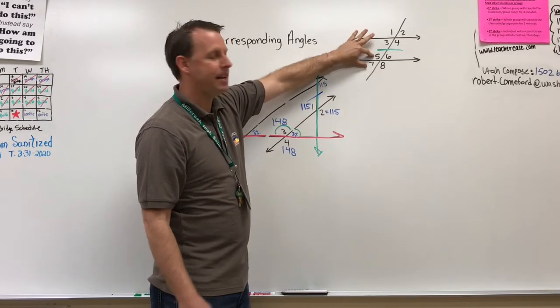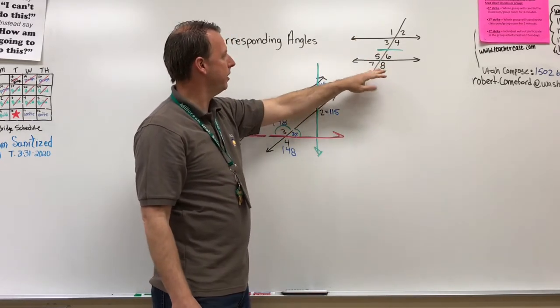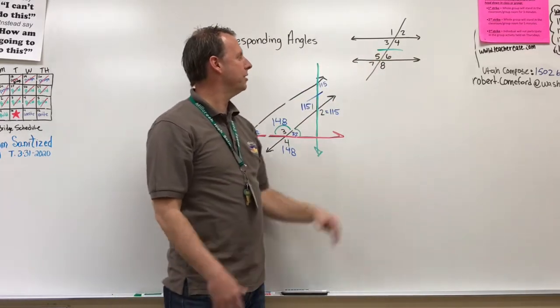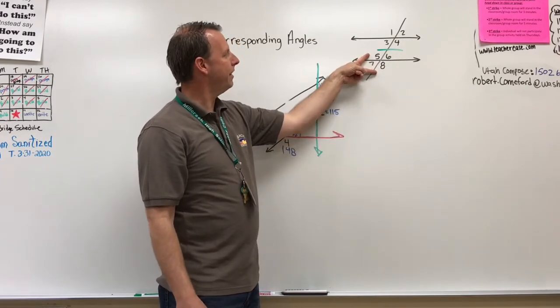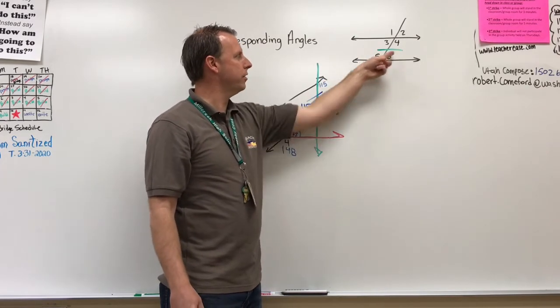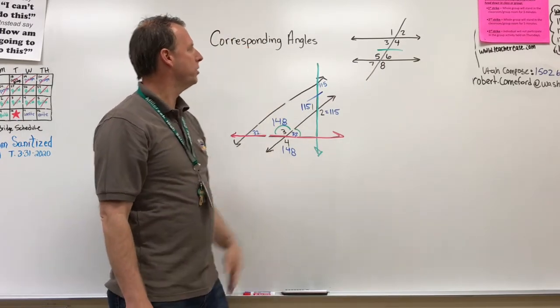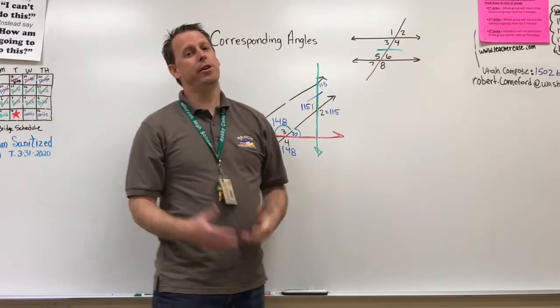So like 5 and 7, that's a straight line, 180. 6 and 8, straight line, 180. 7 and 8, straight line. So we have all that 180 straight line stuff. We have vertical angles like 7 and 6, or 5 and 8, right? Those are vertical angles, and vertical angles are equal. Now we have our new corresponding angles, chop and plop, and things that match up, they're equal as well.